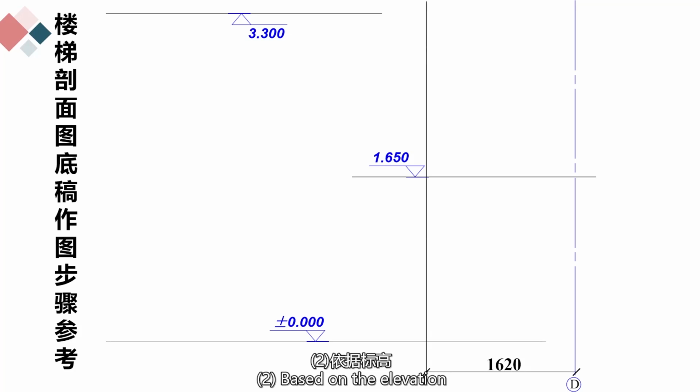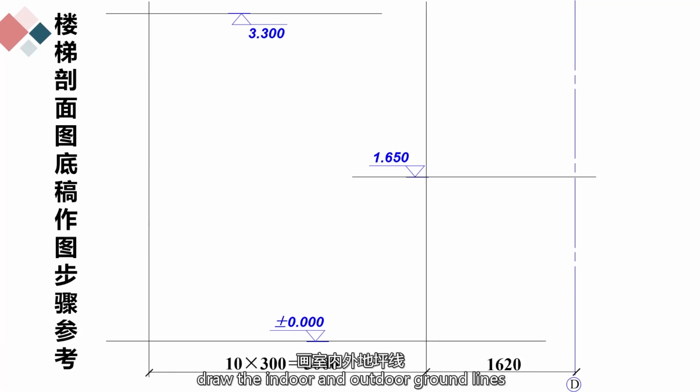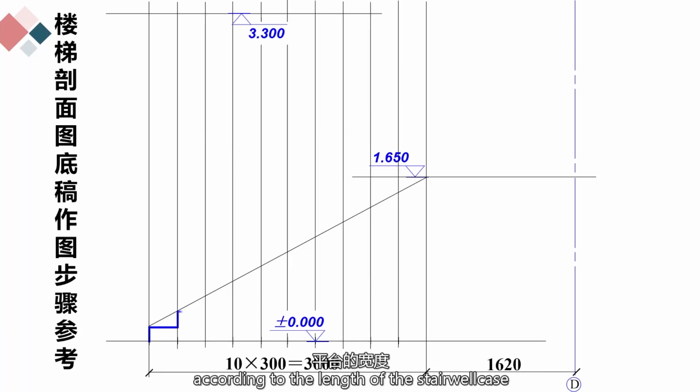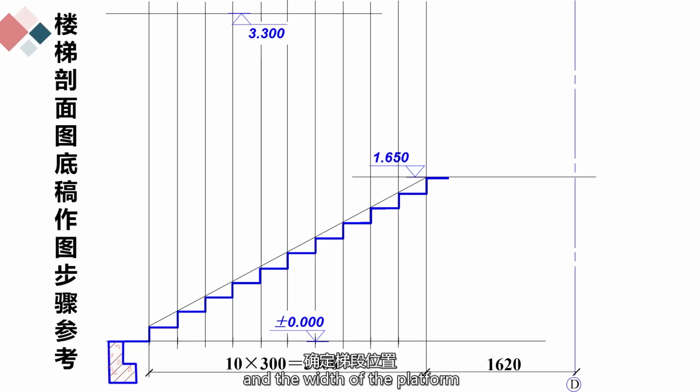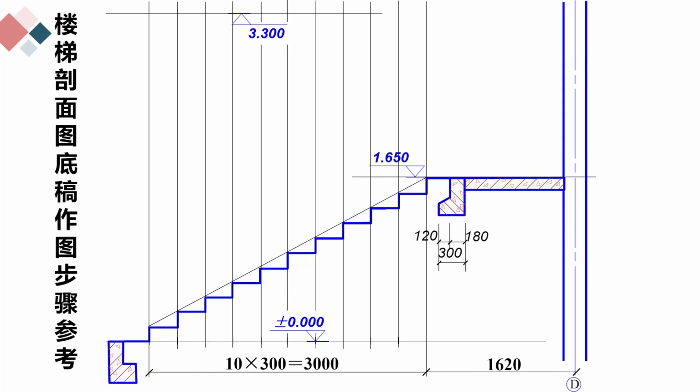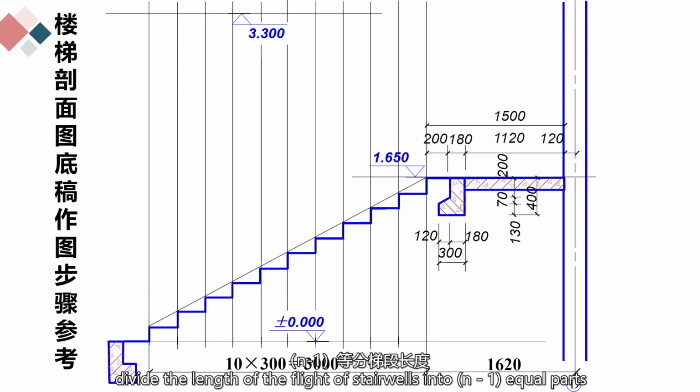Based on the elevation, draw the indoor and outdoor ground lines, each floor surface, stair platforms, and their thicknesses. 3. Determine the position of the flight of stairwells according to the length of the stairwell case and the width of the platform. Divide the length of the flight of stairwells into n-1 equal parts.